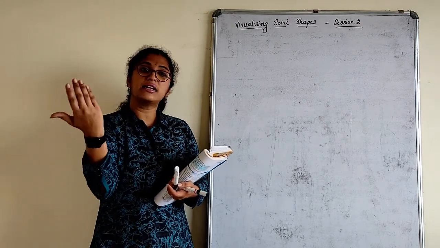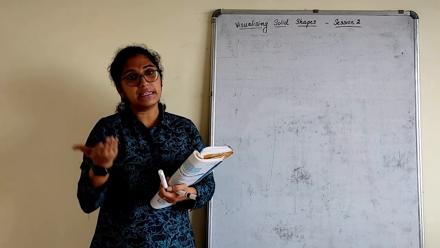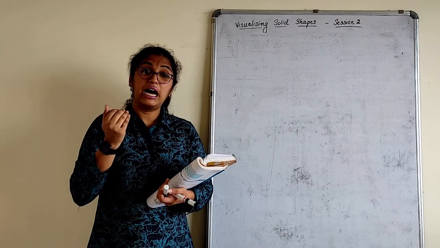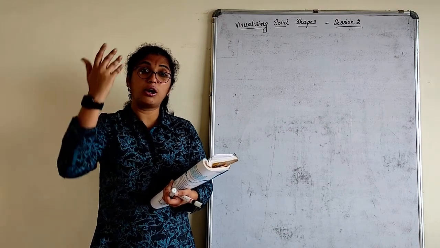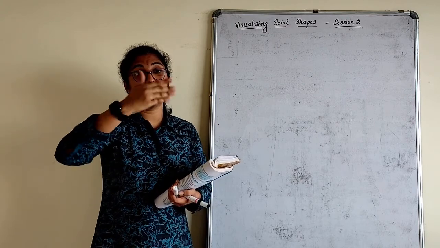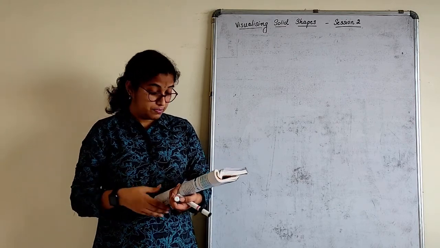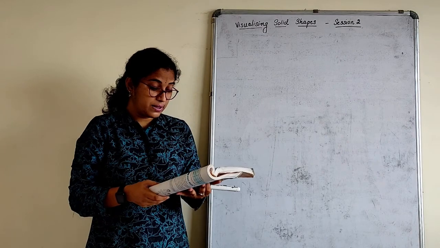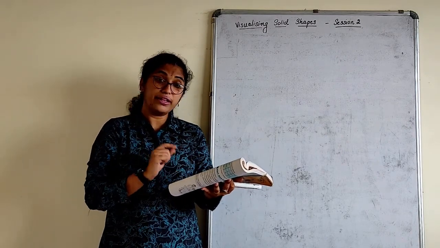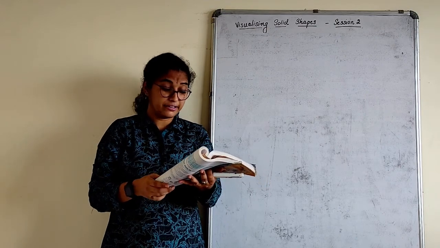But those faces are also square again, base as well as top. Total how many faces both will have? 6. Out of that 6, your base and the top is in the shape of a square. Other faces are also square, same as a cube and same as a prism. So that is why a square prism is same as a cube. I'll send this in the PDF. So 4th and 5th one I'm sending this in the PDF to you.